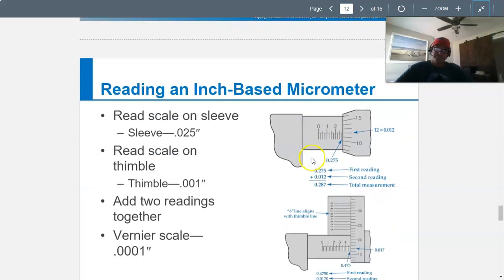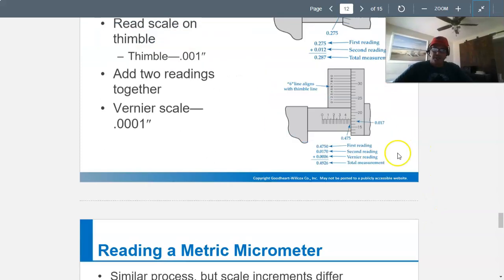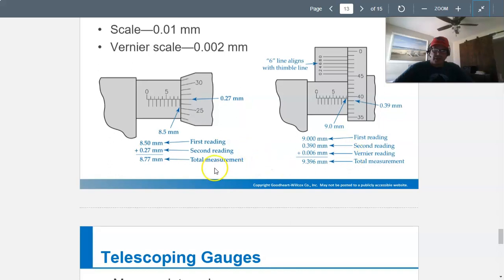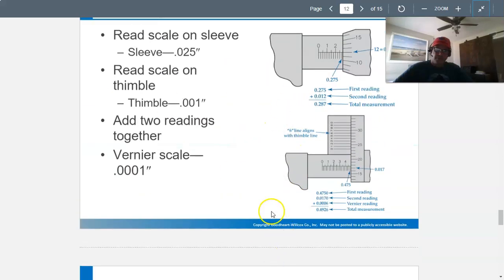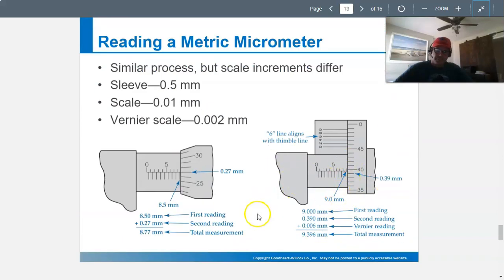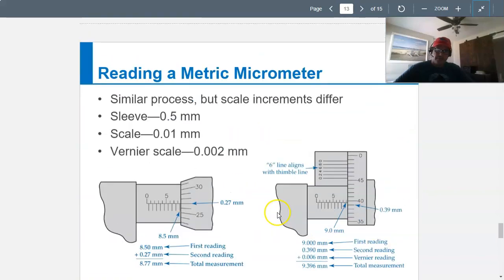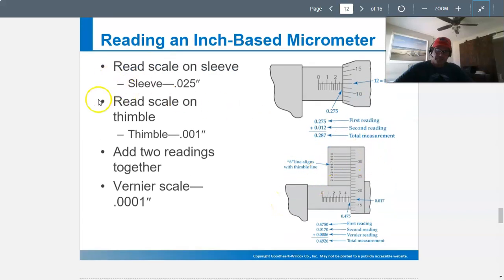And then it goes through the reading of the inch base micrometer. It does go through the metric, but I'm not so much concerned about this. If you get this, you should be able to understand that. And then it goes through the small hole gauges. But let's go through reading an inch base micrometer.